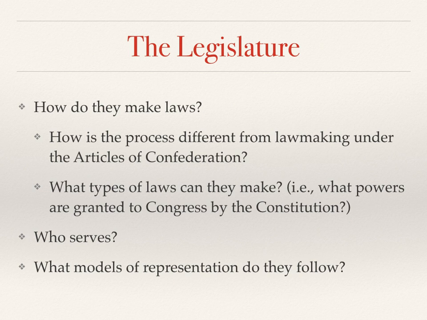Now, what type of laws can Congress make? Right? They're granted powers in the Constitution, such as the power to print and coin money. They're also granted the power to regulate interstate commerce as well as international trade. They are granted as well the power to, I keep wanting to say the take care clause, the necessary and proper clause, or the elastic clause. That is what the legislature has, right?